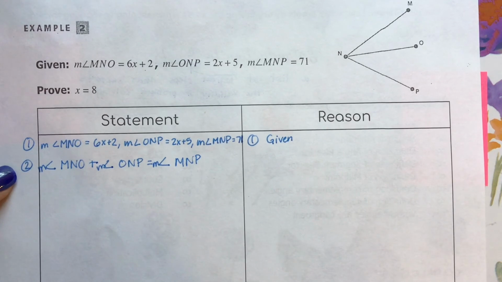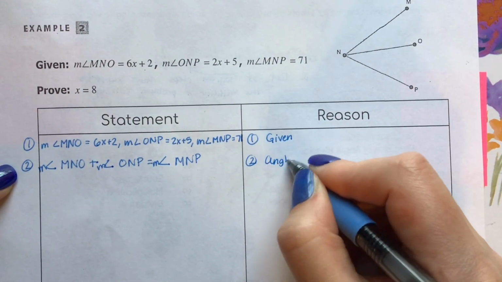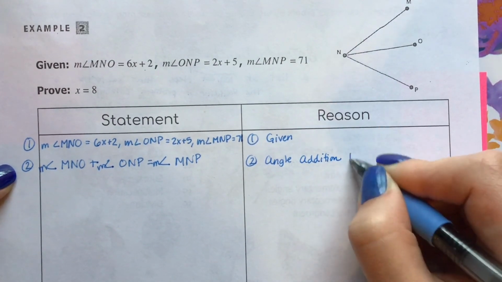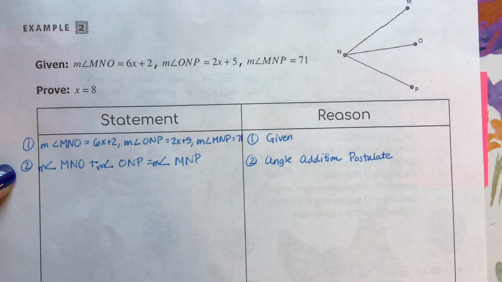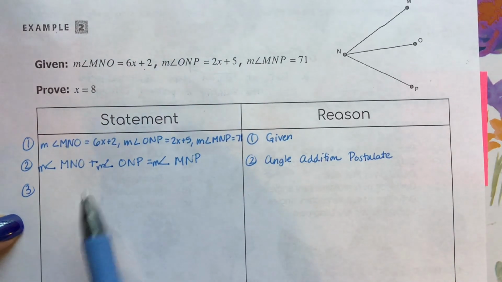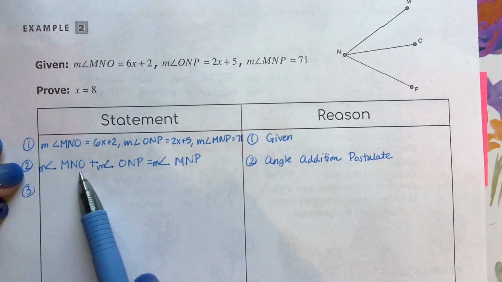How do we know that's the case? This is the angle addition postulate. Okay, for step 3, it's kind of difficult to solve an equation when we don't have any numbers in it.